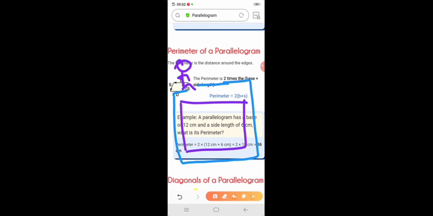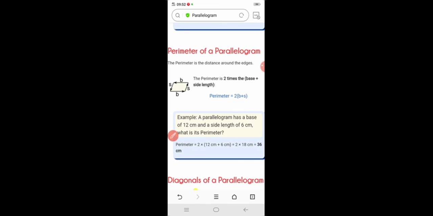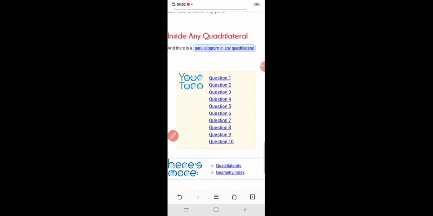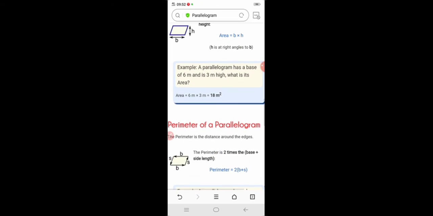So if I want to calculate the perimeter or the distance run or walked by this man, I must know if this is 10 centimeters and this is 5 centimeters. What will I do? I will add 10 plus 5 plus 10 plus 5. That's the way I calculate the distance, right? So it's just the same over here in the case of a parallelogram. If you're given the sides here, so let's take an example.